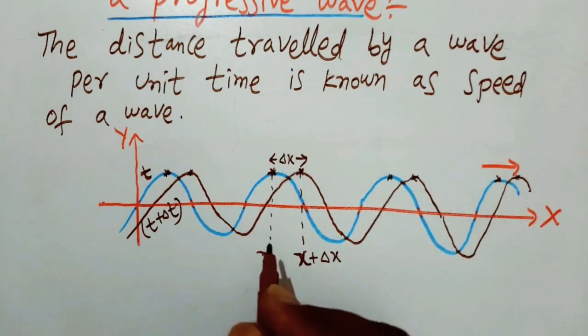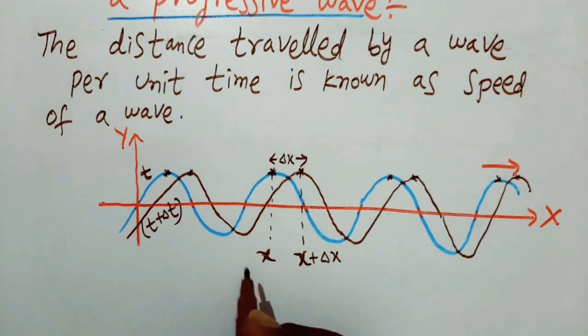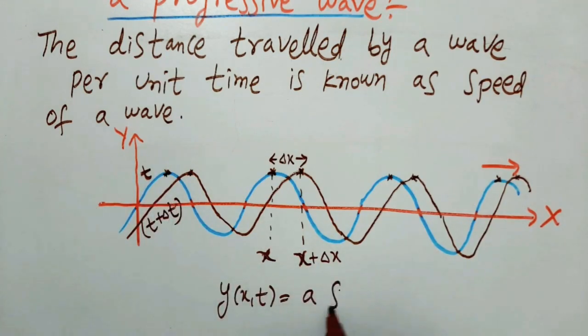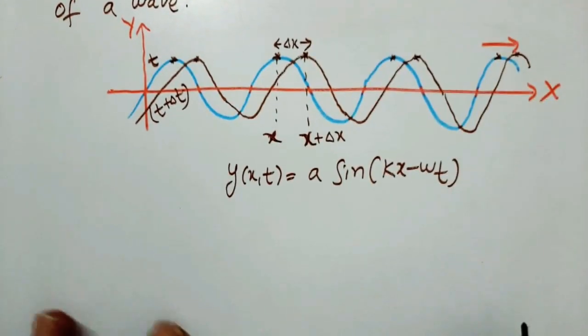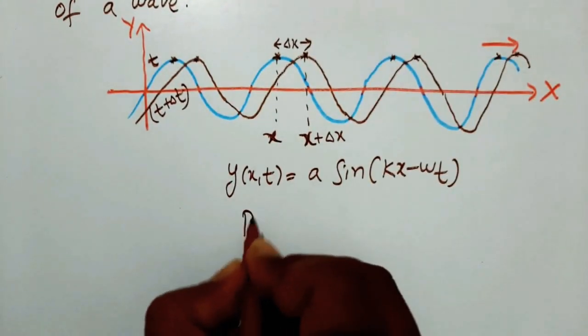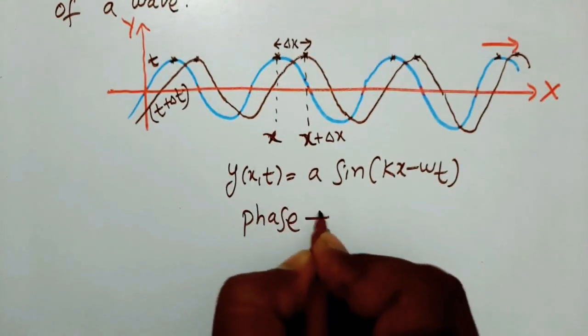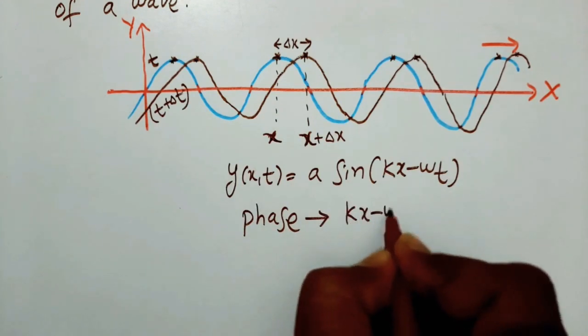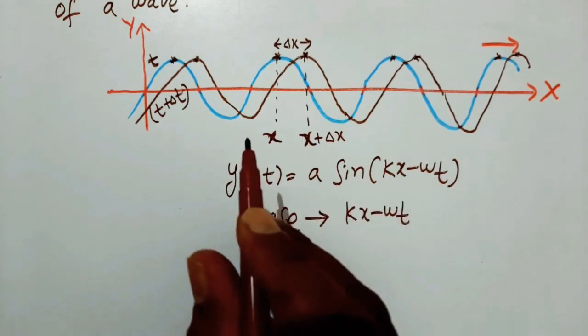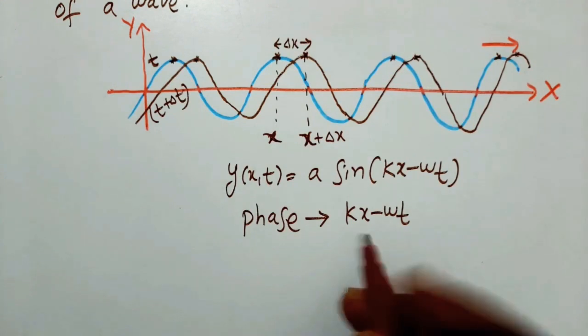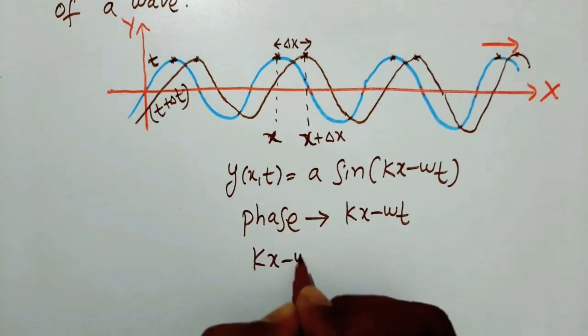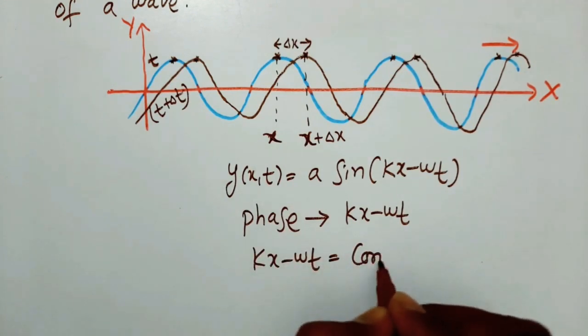So we know the wave equation, or displacement of a particle, y of x comma t is equal to a sin kx minus omega t. So here kx minus omega t is known as the phase. At a crest, the phase is constant. That is, kx minus omega t is constant.